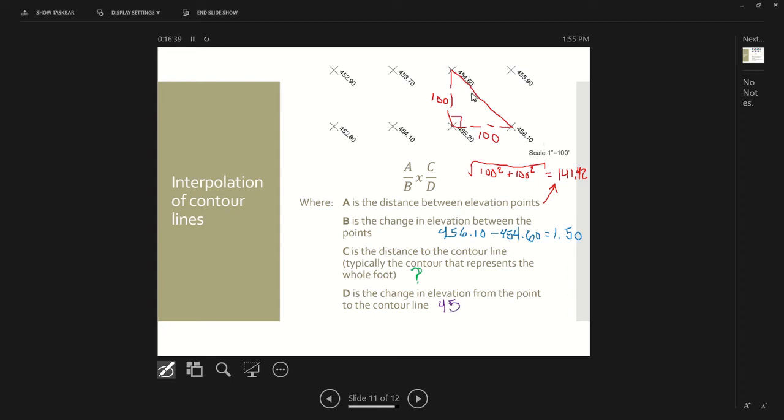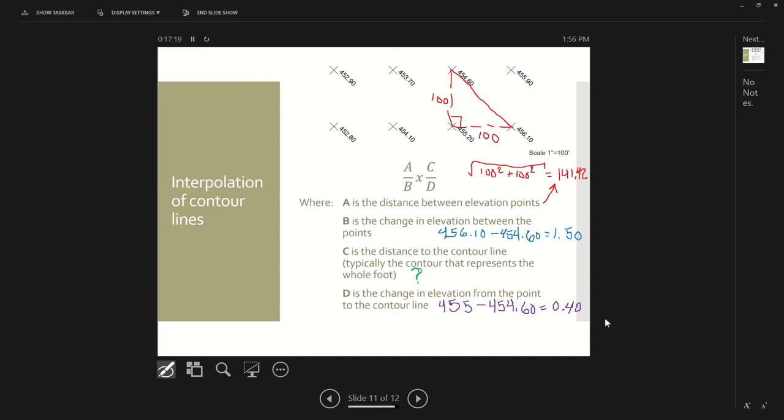I'm trying to find contour 455 in this example. It'll be between 455 and 456, but we'll try finding 455. I'm going to subtract the lower one, 454.60. So that difference for D is 0.40.